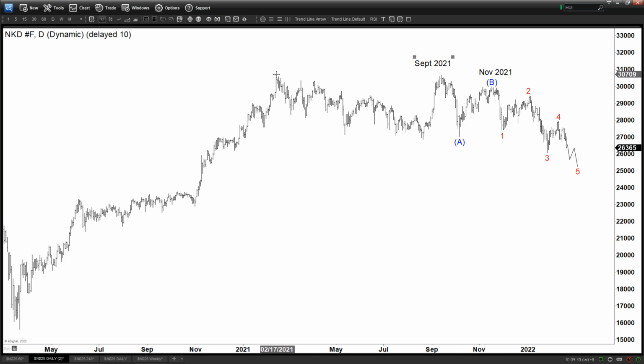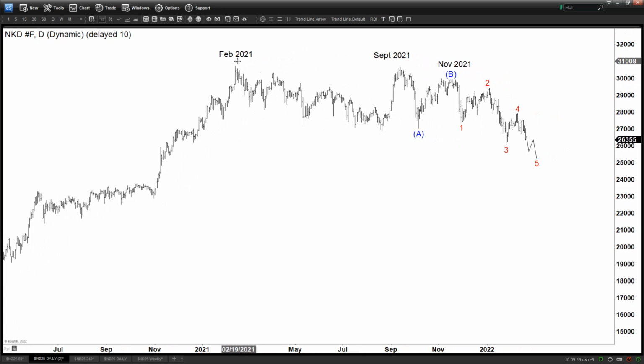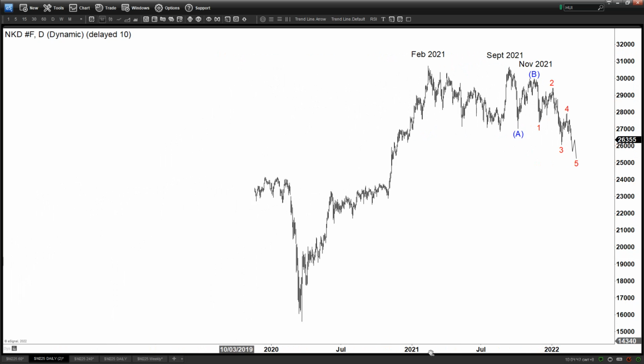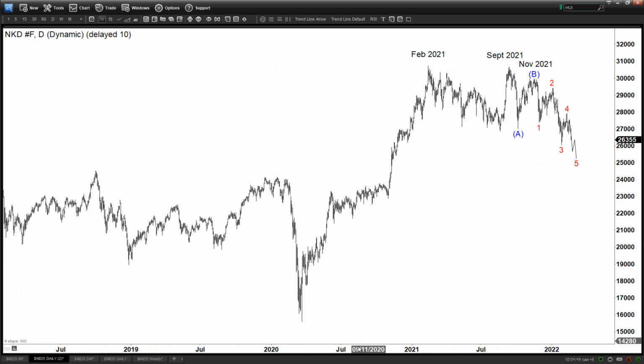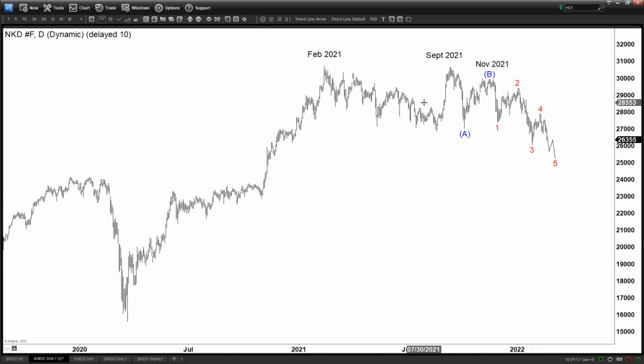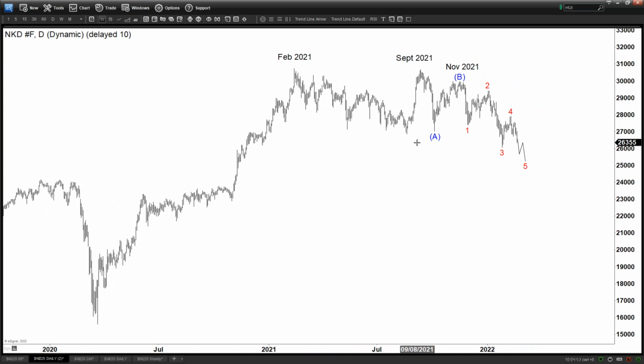And then you can see again, this is the high from February 2021. Now if you take a look at this from the perspective of February 2021, you can see what looks to be kind of choppy, right? I think it is choppy. I don't know about you guys, but I see choppiness here, not an impulsive structure, not bearish.